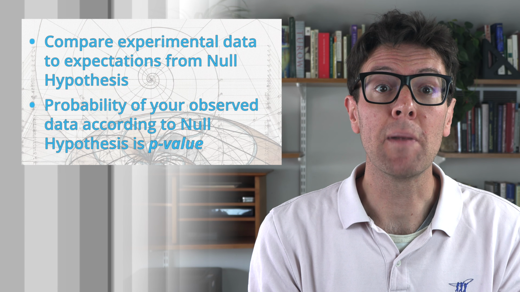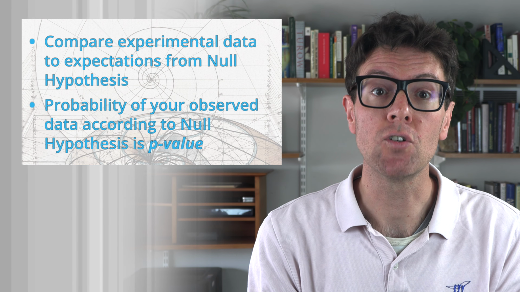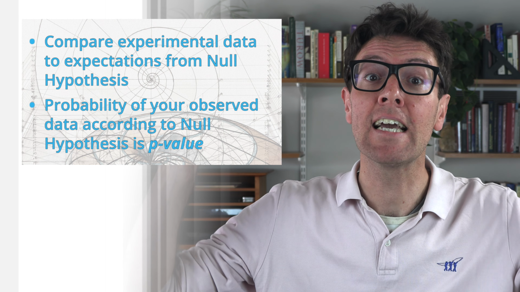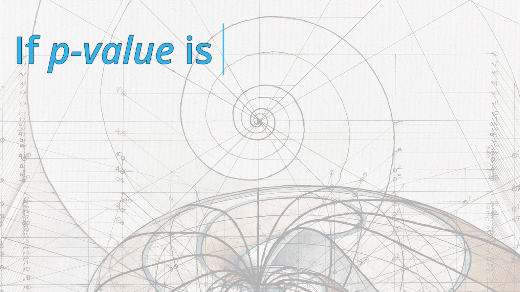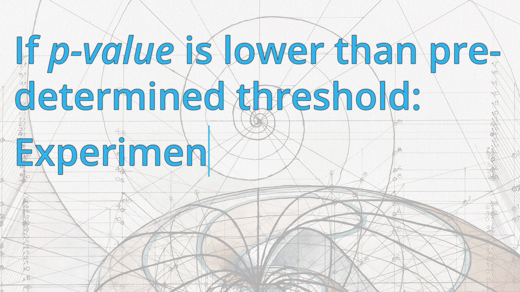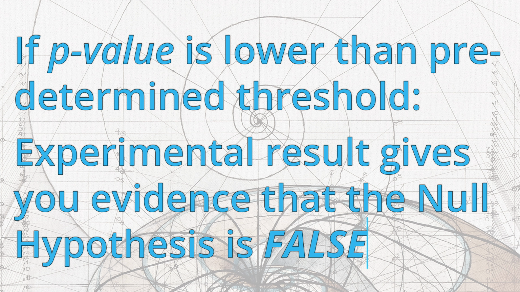Prior to the experiment, we should have selected a threshold for what p-values we will accept as constituting a statistically significant result. In many fields, the standard choice for a significance level is a p-value less than 0.05. If the p-value of our experimental data is lower than 0.05, this means that if the null hypothesis were true, there would be less than a 5% chance that we'd get this data.